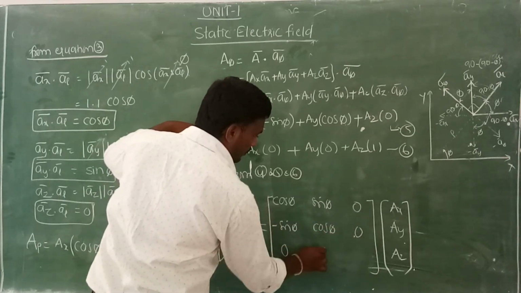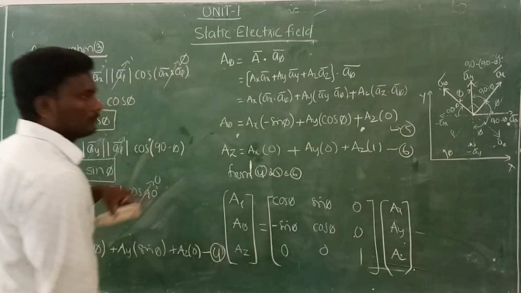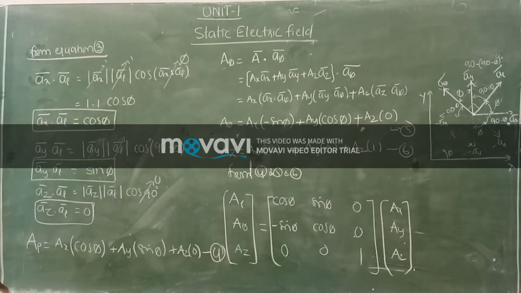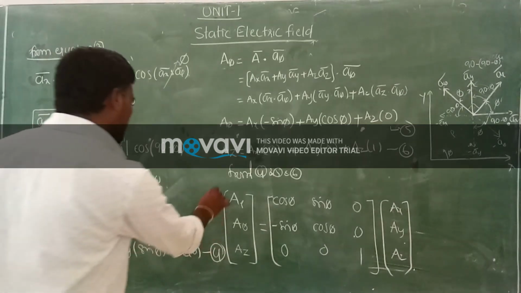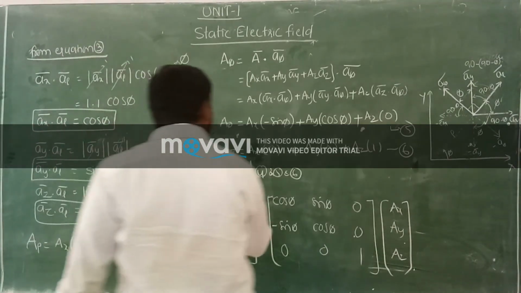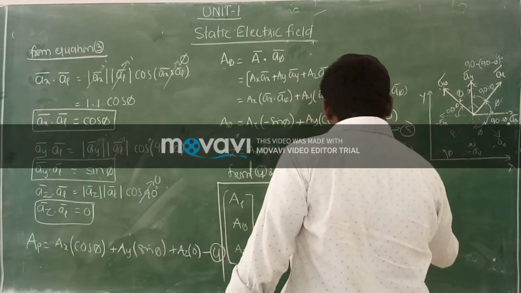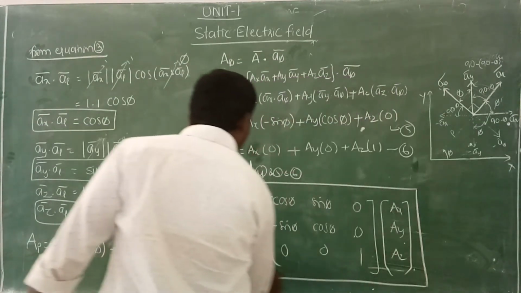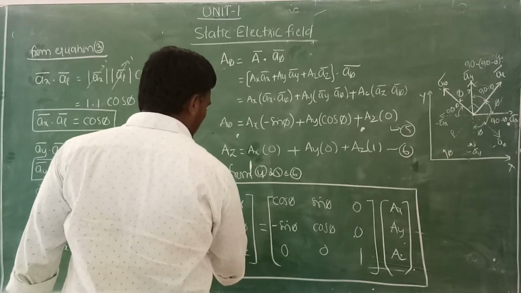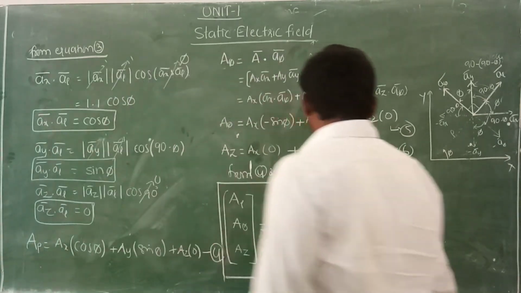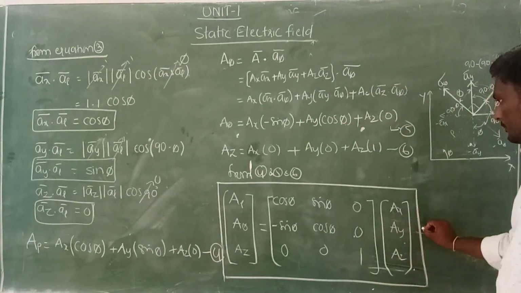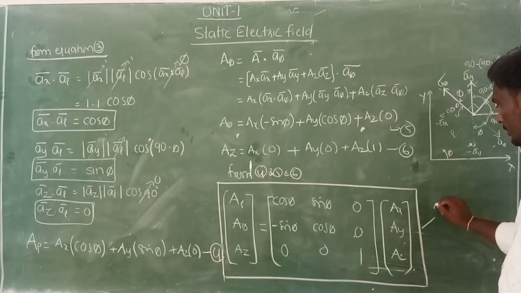And here 0, 0, 1. Okay? Please remember this matrix form for the conversion of a vector from Cartesian to cylindrical. Roman number 1.